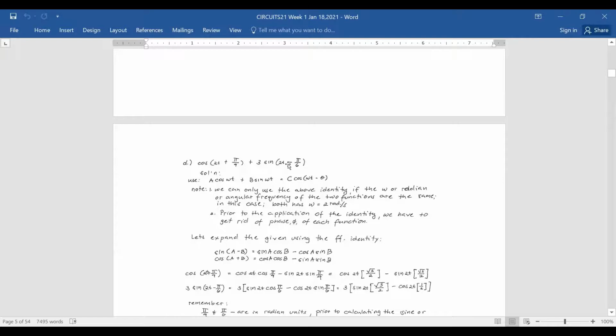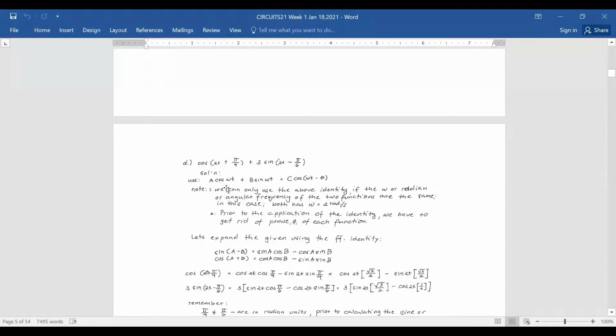But before that, we have a given note here, and there is a corresponding identity for us to solve this exercise. So we have to follow this: A cosine omega t plus B sine omega t is equal to C cosine omega t minus theta. We have two given notes here.